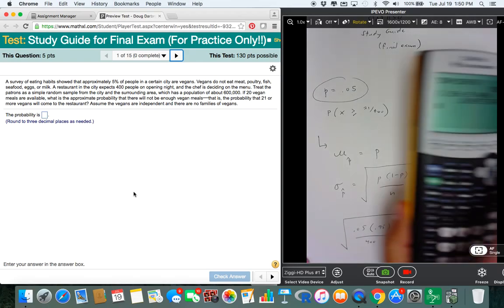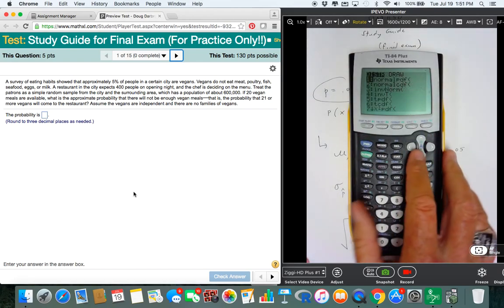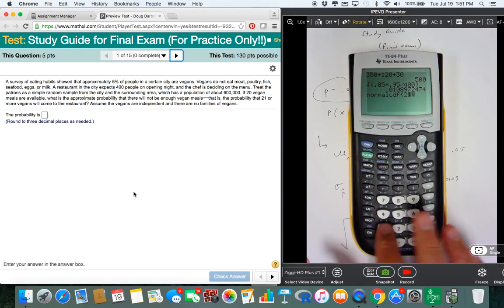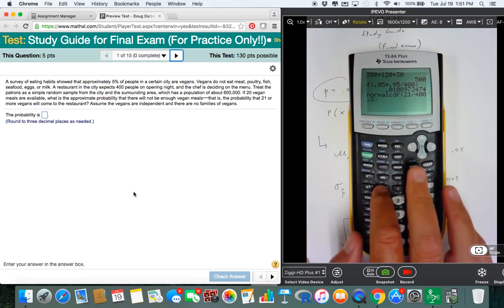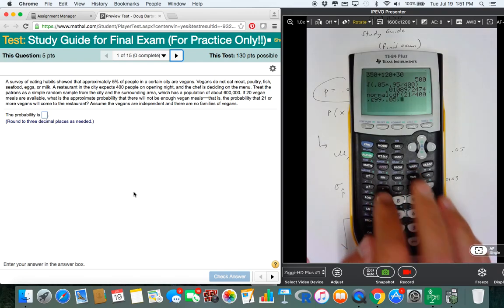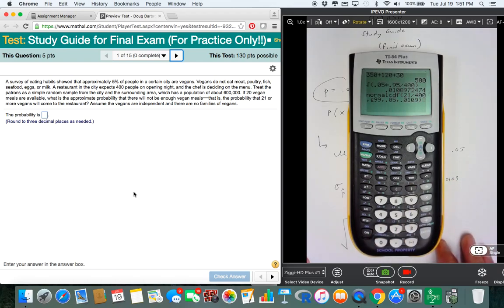All right, so what I need to do now is put this in my calculator. So I'm going to go into normal CDF, and I want 21 out of 400 up to infinity with a mean of 0.05 and a standard deviation of 0.0109. Okay?